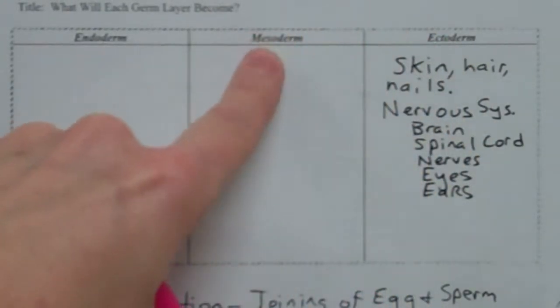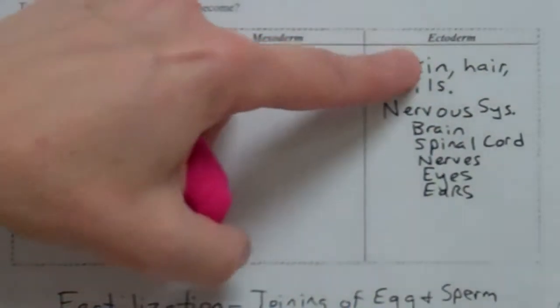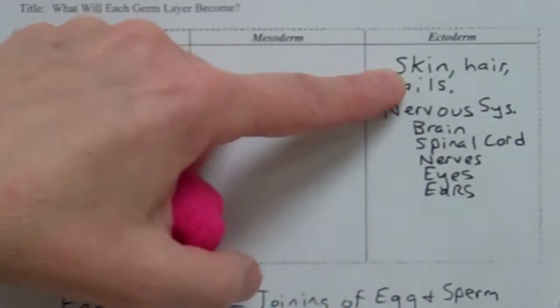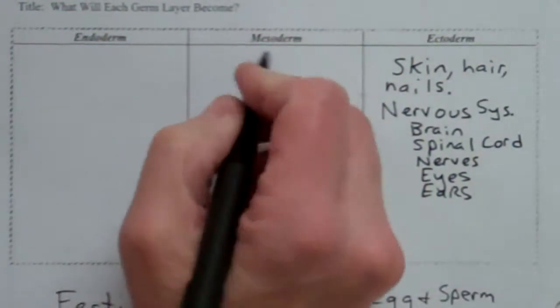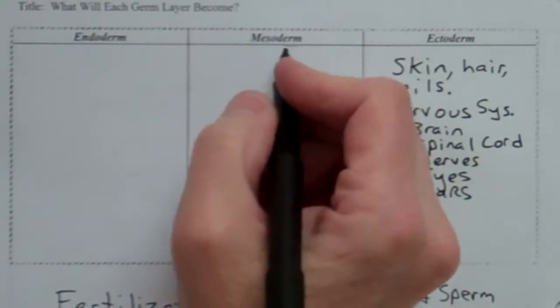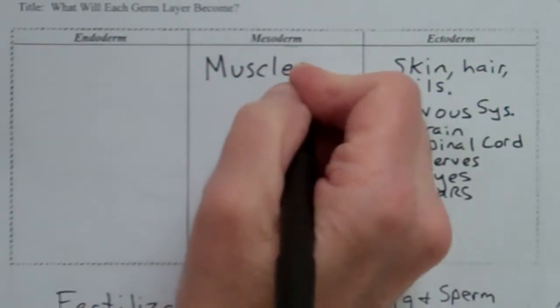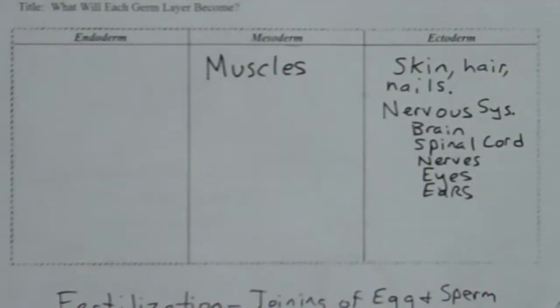Now, again, let's go backwards here. Mesoderm now. What's right underneath your skin? Okay, think about it. What's right underneath your skin? So you're probably thinking your muscles. And you're right. So the mesoderm layer of cells is going to give rise to your muscles. And what do your muscles connect to?